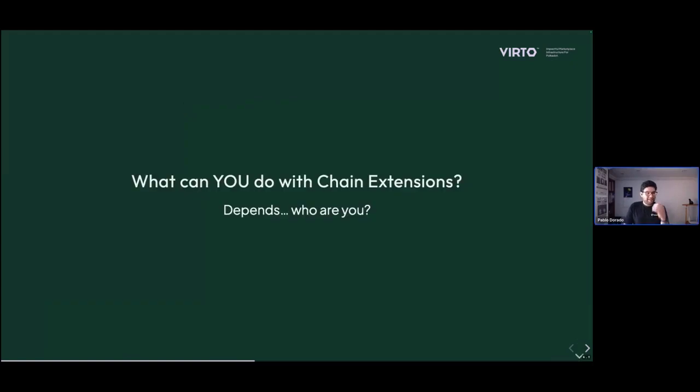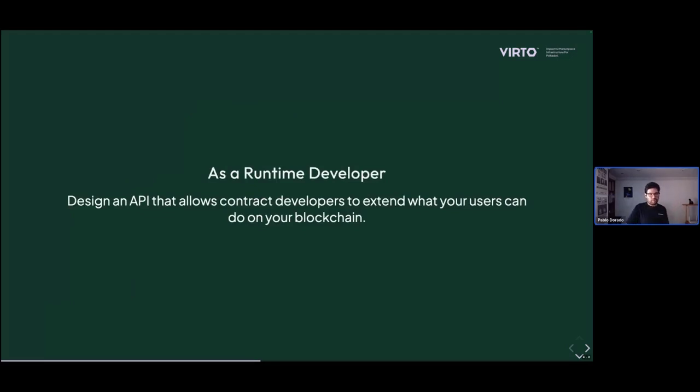So, what can you do with chain extensions? It depends on who you are. If you're a runtime developer, you might use chain extensions to design an API that allows contract developers to extend what your users can do on your blockchain.